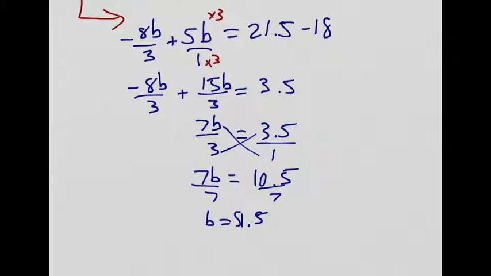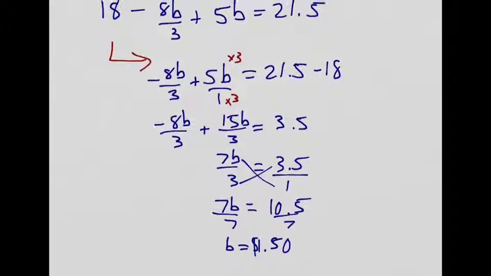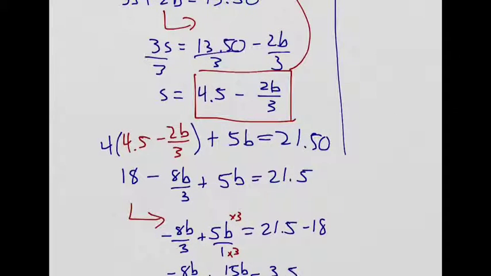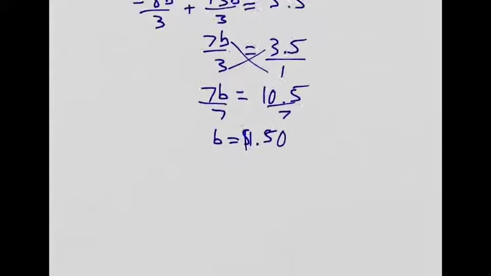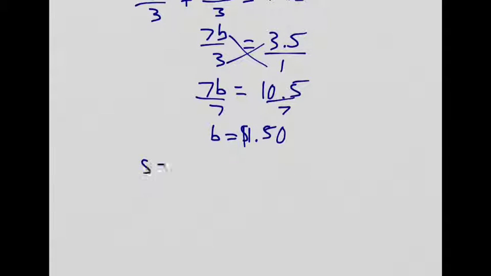1.5? Man, that's a lot of work to figure out $1.50. Not done, because we've got to find S, right? I ran out of room, so I'm going to use this. S equals 4.5 minus 2/3 times $1.50.